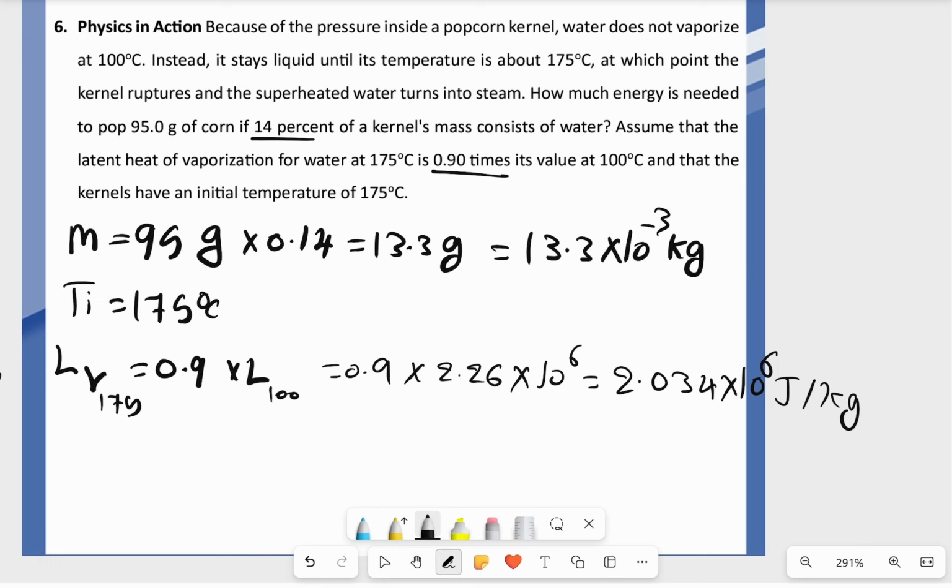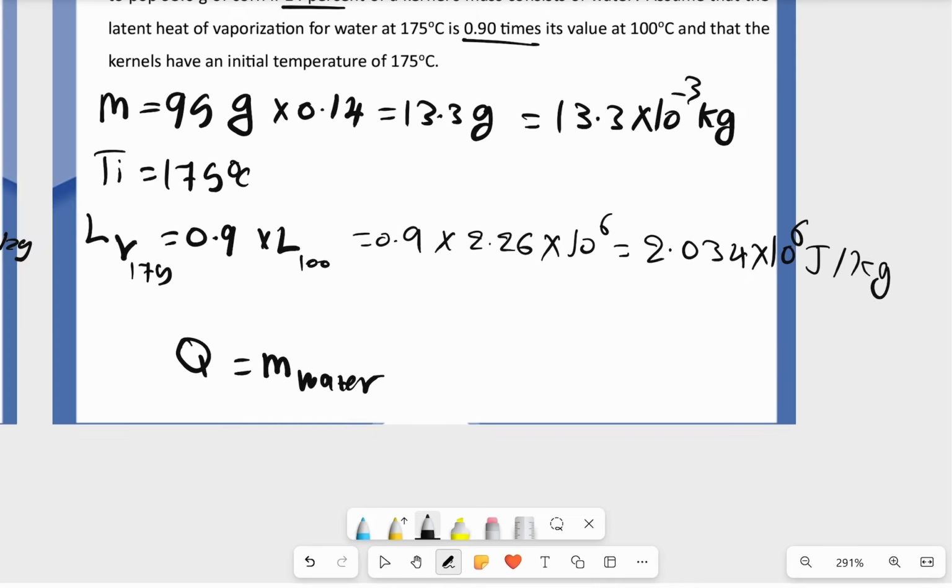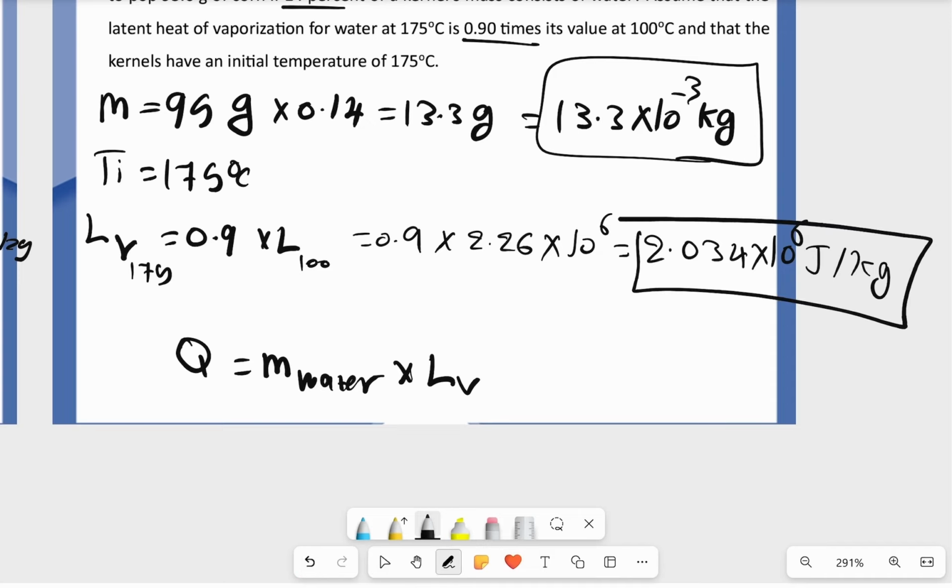Now, what should we do? We should find how much energy is needed to pop the corn we have. So Q is going to be the mass of water, be careful, this is the mass of water, times the latent heat of vaporization, which we found here.